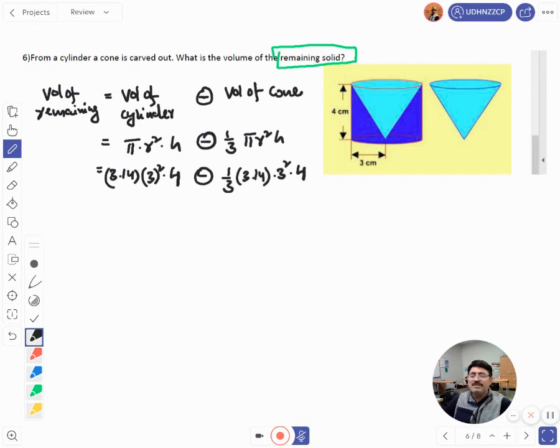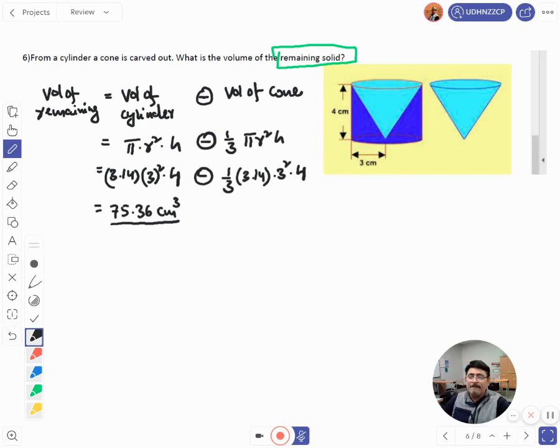So that is giving me 75.36 cubic centimeters, because we are computing the volume. Actually, this one seems to be a little difficult. Can you say difficult? Okay, I'll take another easy method.